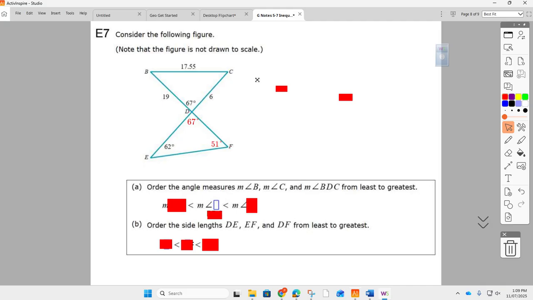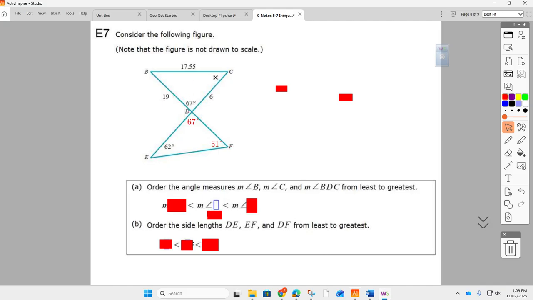Nope. So let's look. Remember how we know these? If we don't have any angle measures, this is the short side, medium side, long side. The short side is across from the smallest angle. The medium side is across from the medium angle, right? The longest side is across from the largest angle.